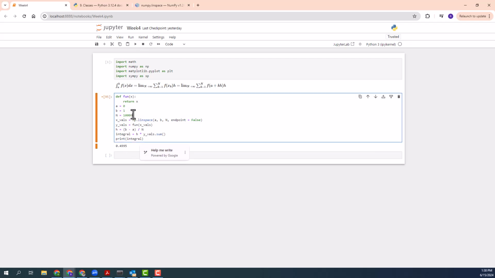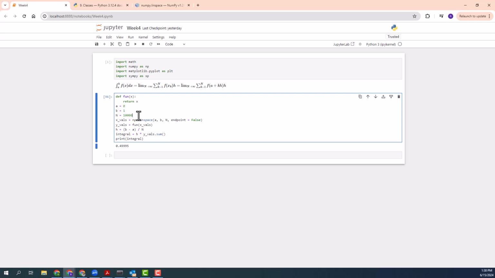Now, of course, I know that the answer is 0.5, but let's forget that I know the answer should be 0.5. The question is, if I want some automated way for picking higher and higher values of n, how do I know when to stop? In other words, how do I know my precision is enough and I don't need to go on anymore?